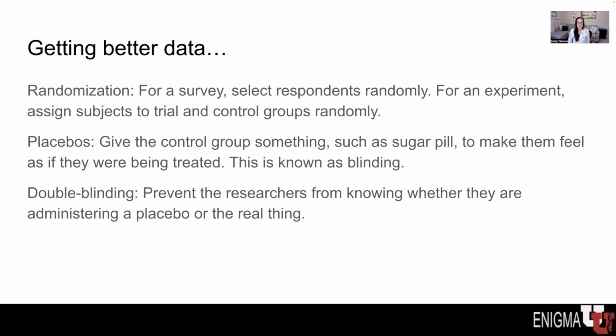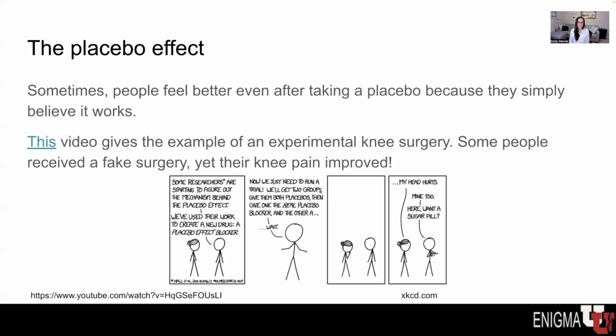And so in these cases, for double blinding, researchers and participants don't know if they've been given a placebo or a real intervention. Of course, this is taken note of elsewhere so that we can actually do the comparisons, but during the course of the study, the researchers don't know what condition people are in.